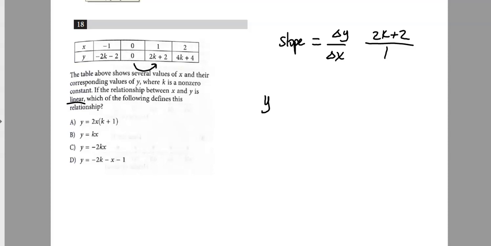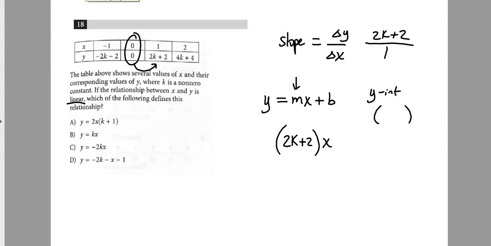So remember, y equals mx plus b. So I know what my slope is. It's 2k plus 2 times x. Well, my y-intercept looks like 0, because remember, the y-intercept is when x equals 0. So it's (0, 0), which means there's no number at the back side here.